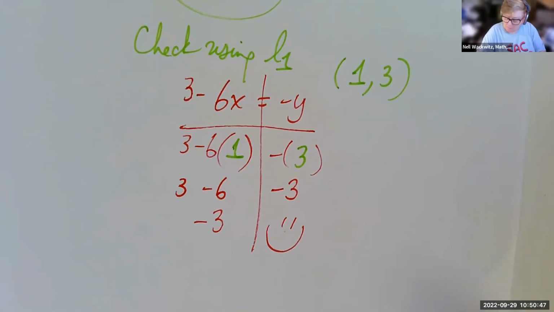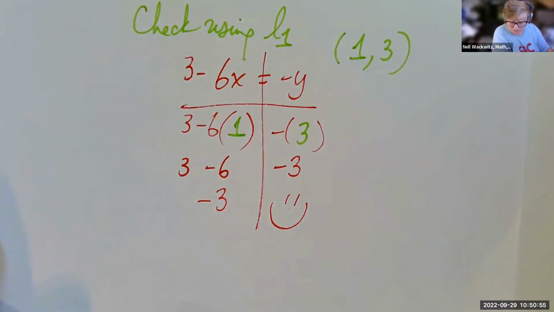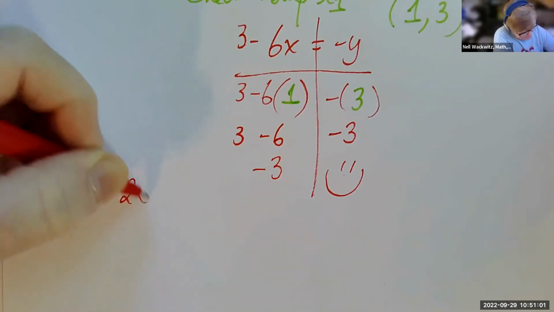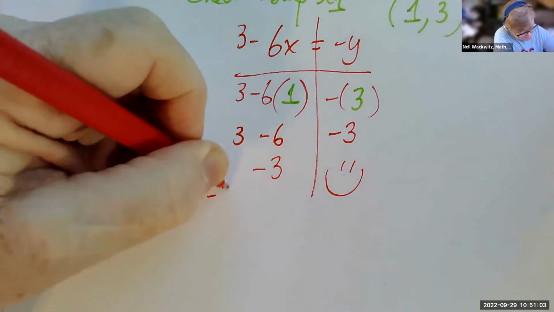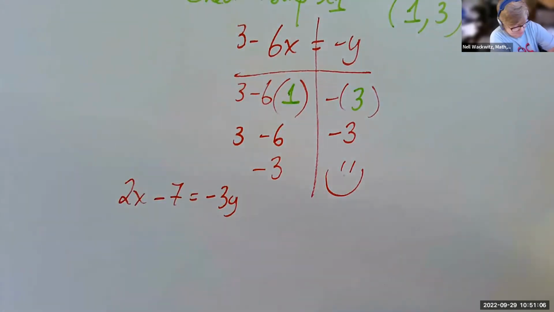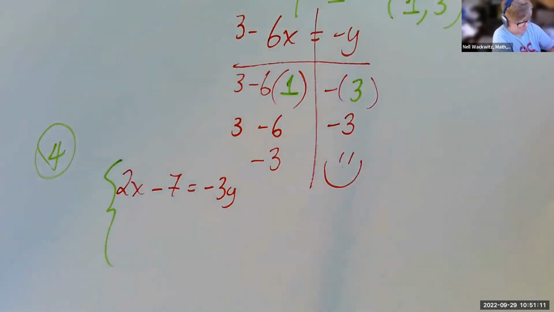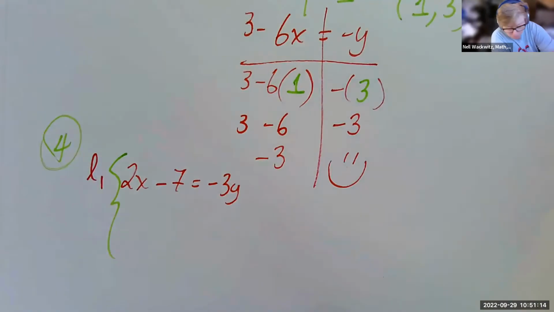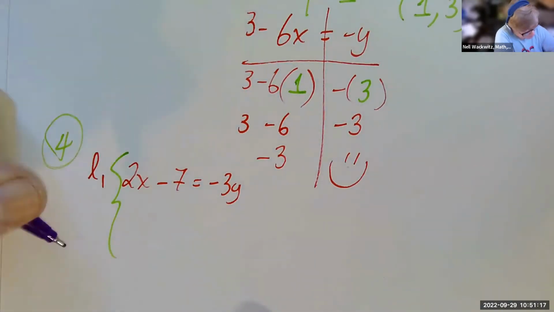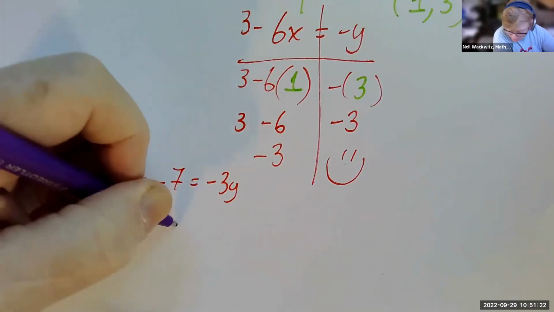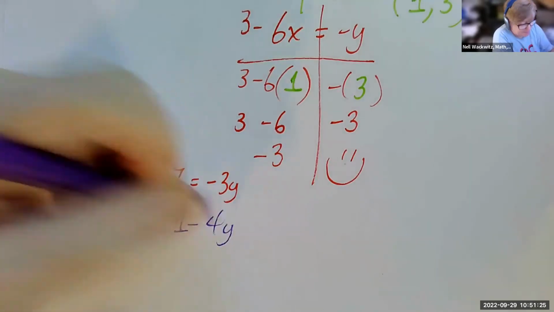Okay, great. I want y'all to do this next one. You can talk to each other. I'm just not going to help, and then we're going to go through it together. This is problem 4: line 1, 2x minus 7 equals negative 3y, and line 2, x equals 1 minus 4y.